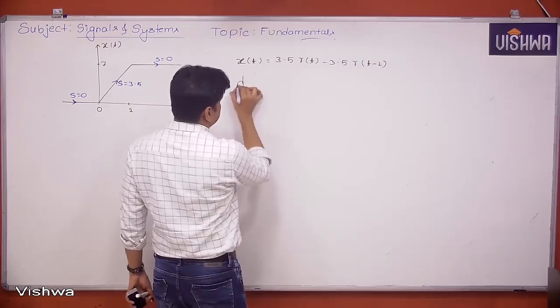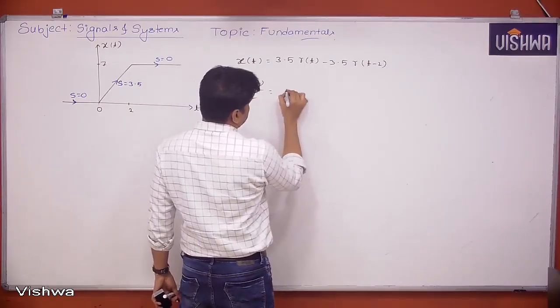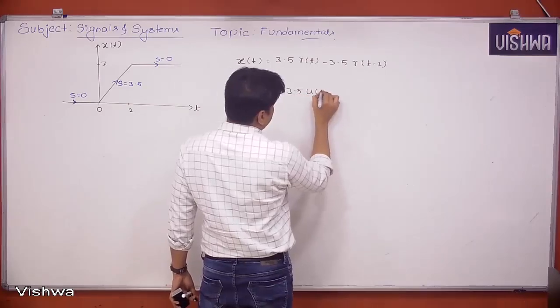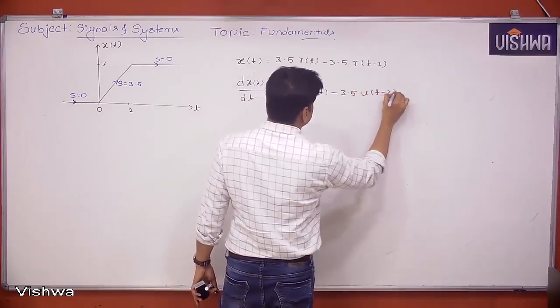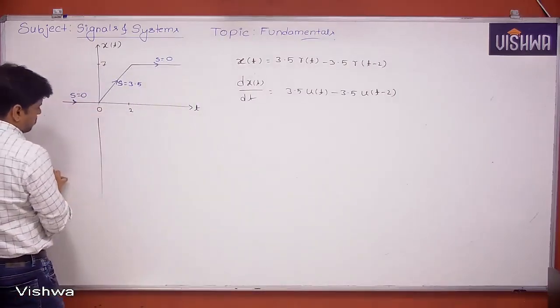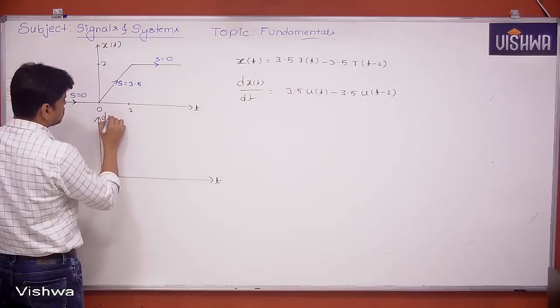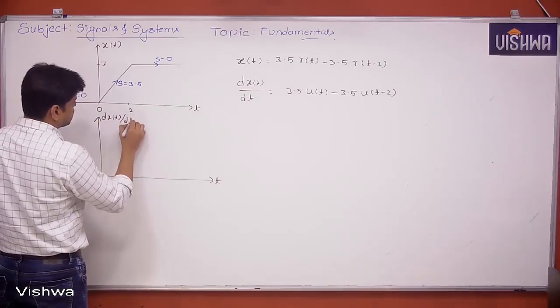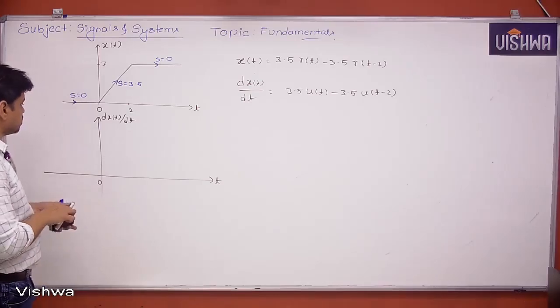If I try to find out dx of t by dt, it will give you 3.5 u of t minus 3.5 u of t minus 2. If I draw this function, dx of t by dt, then what we can get?